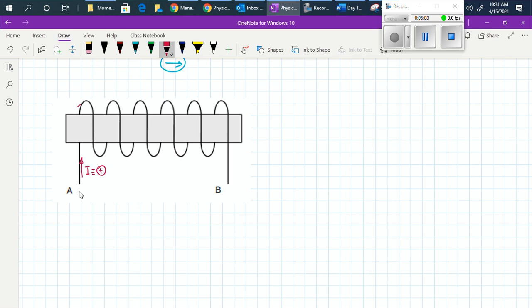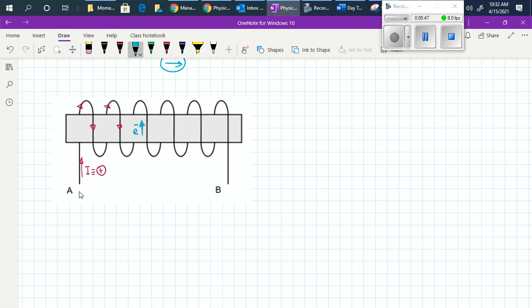So if the positive charge is moving from A to B, then the electrons will move in the opposite direction. So now your fingers, instead of going on the top part out of the page and on the bottom part into the page, will switch. So we will go on the top part into the page and the bottom part out of the page, because the electrons move the opposite way.